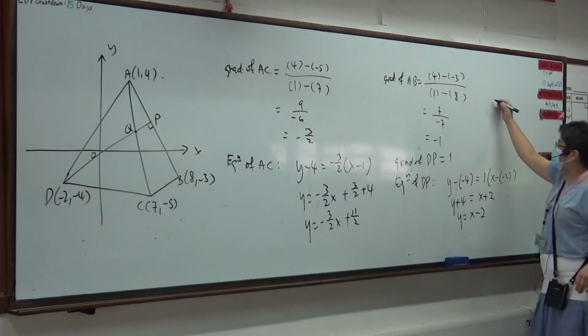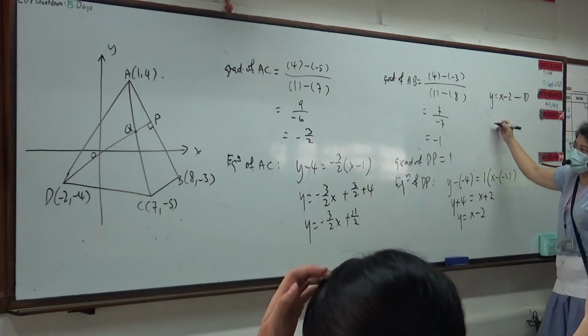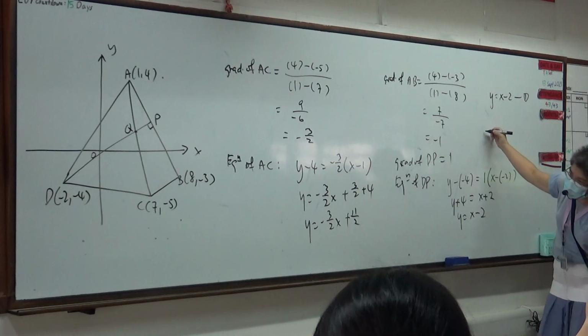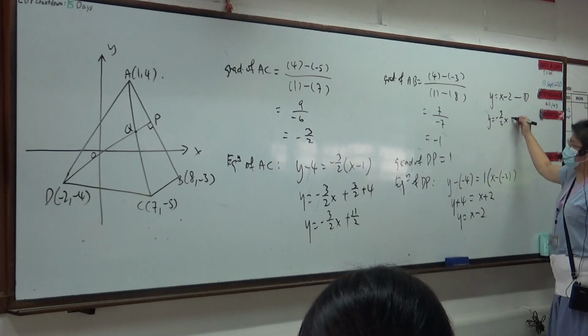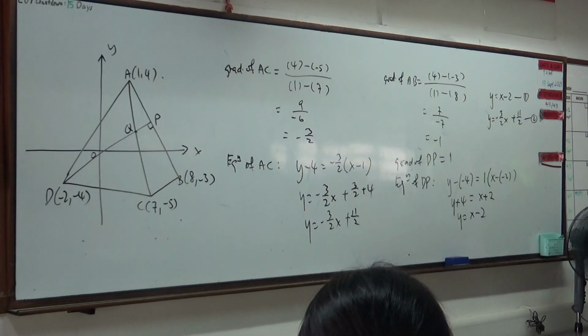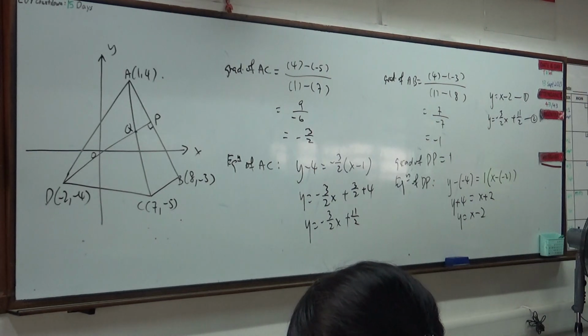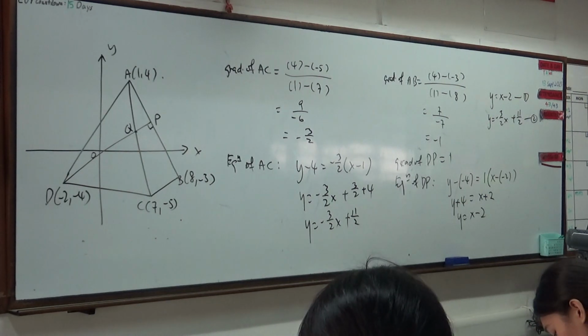So I will solve y equals x minus 2, equation 1, and the equation y equals negative 3 over 2 x plus 11 over 2. Correct? Yes or no? I will solve these two equations and I will get the coordinates of Q. Do you understand? Can you see it now?